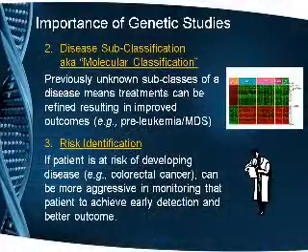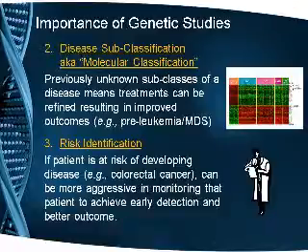Another area that was briefly mentioned by a previous speaker is disease subclassification. Sometimes there are diseases that are thought to be one disease, but when you look more deeply, after you've generated a lot of data, you can gain insight and see that there are actually subclasses of this disease, and that helps to tailor what treatment you would give to those patients once you recognize that they're actually distinct subgroups. And there's also the issue of risk identification.